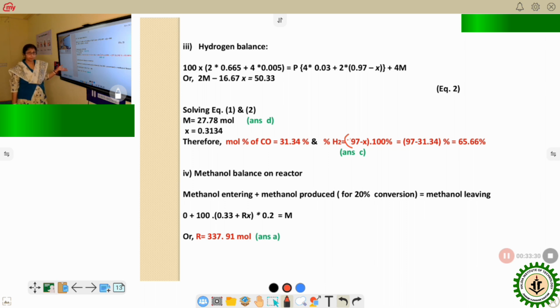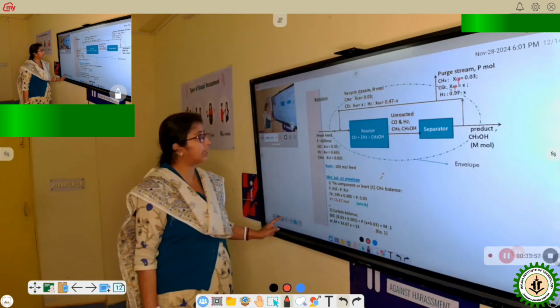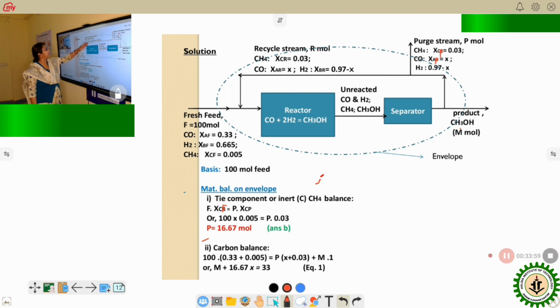Okay, next is methanol. If we do the methanol balance on the reactor, what can we write in general? By general statement, we can write methanol entering plus methanol produced, and methanol is produced by 20% conversion of carbon monoxide and hydrogen, equals methanol leaving. Methanol entering: in the block diagram, we have observed that no methanol enters before the reactor.